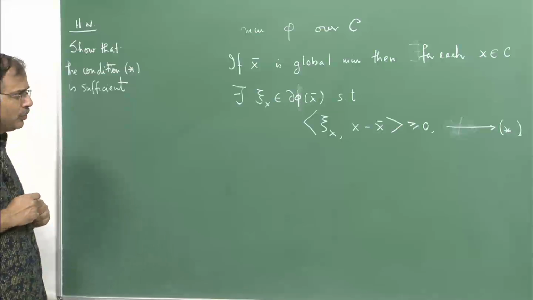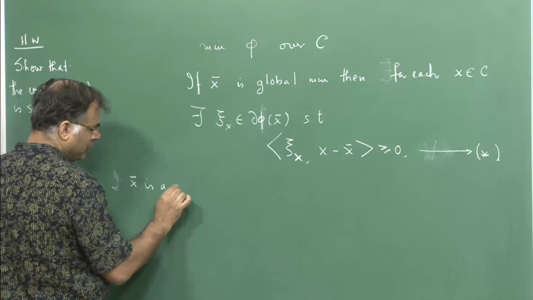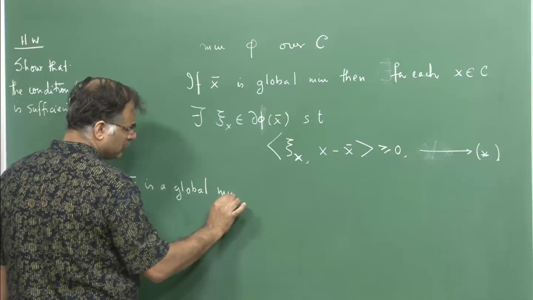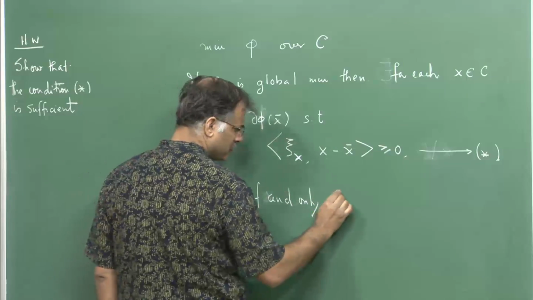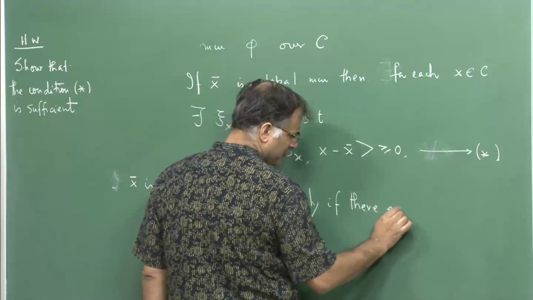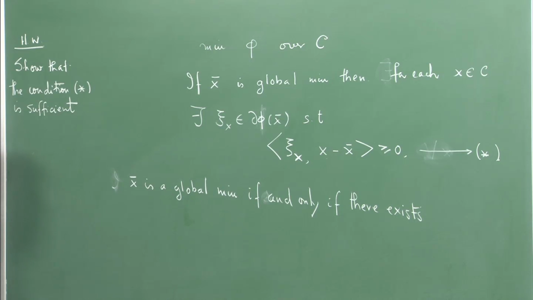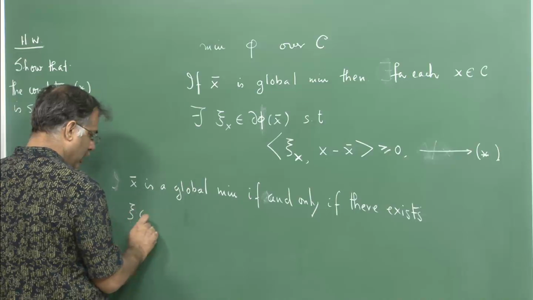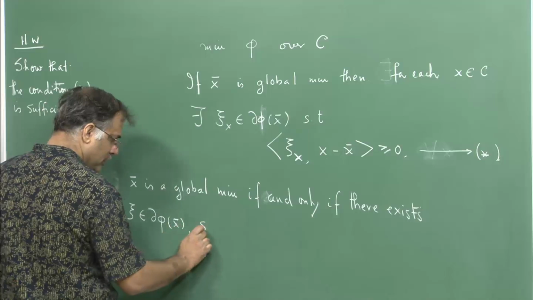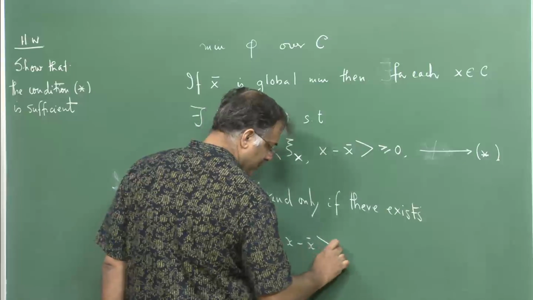So, how do I go about this? What we intend to show here is the following: x bar is a global minimum if and only if there exists xi, an element of the subdifferential of phi at x bar, such that xi dot (x minus x bar) is greater than or equal to 0 for all x in C. So this xi no longer depends on this x.